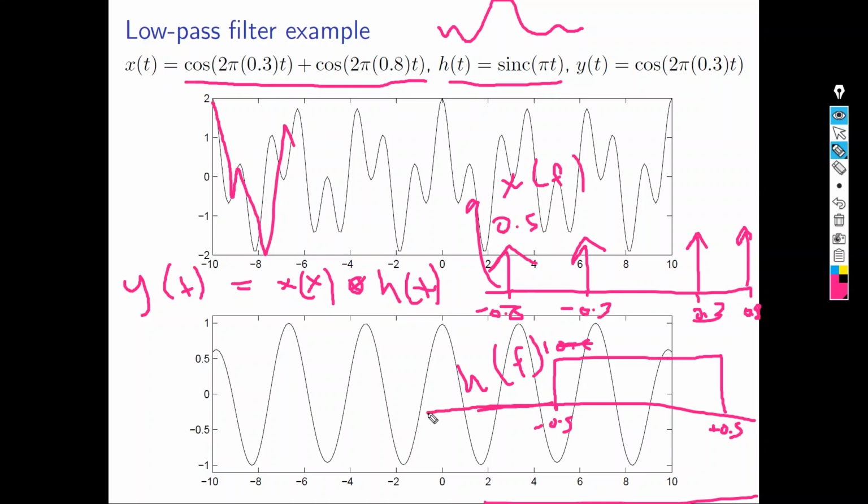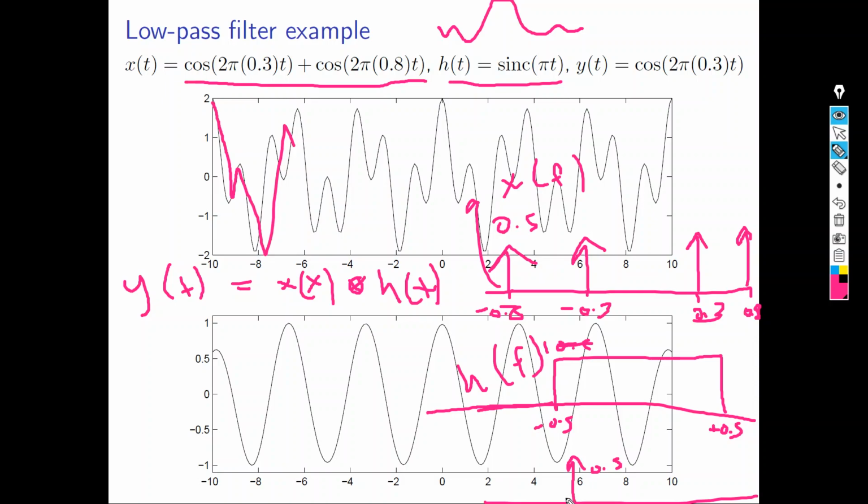When you multiply them with each other, any value outside the filter, less than 0.5 minus 0.5, is 0. And when you multiply this minus 0.3 with this, minus 0.3 is within the filter, so it passes the filter, yes? So what's the result?